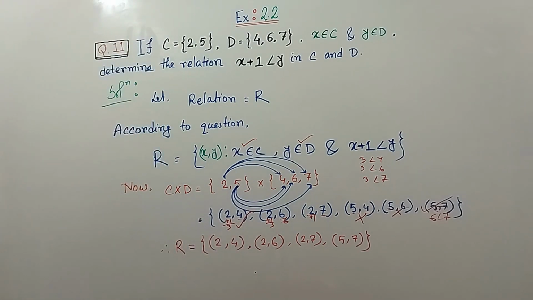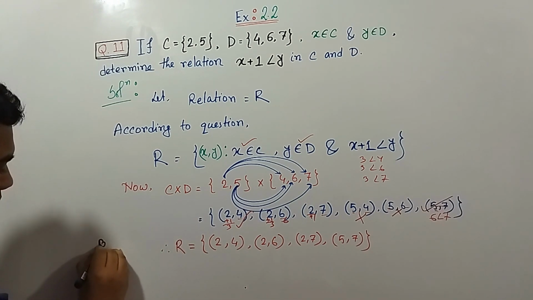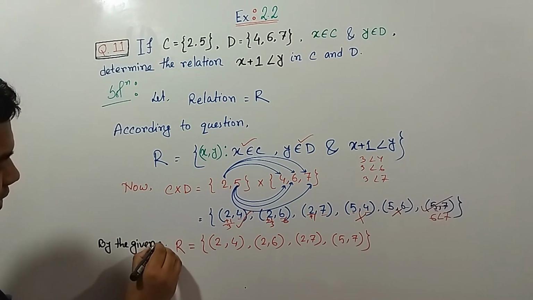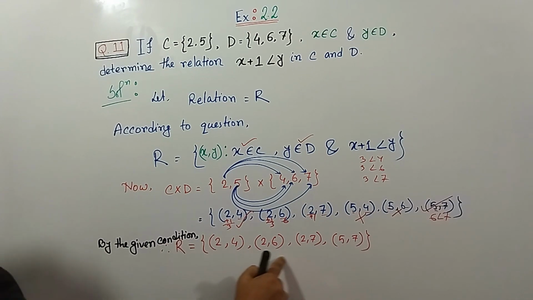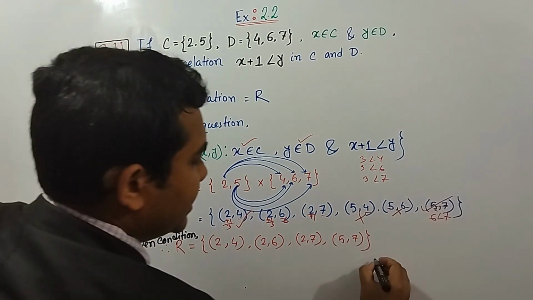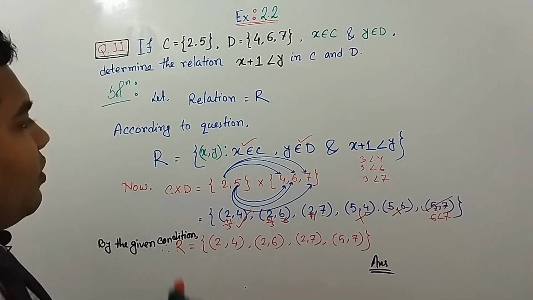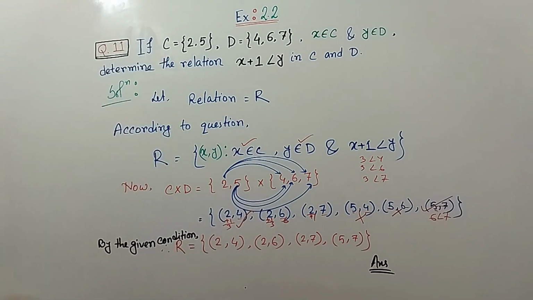So we write that by the given condition, R equals this. That's our required answer. I think you all can understand question number 11 very clearly. Let's have a look at question number 12.